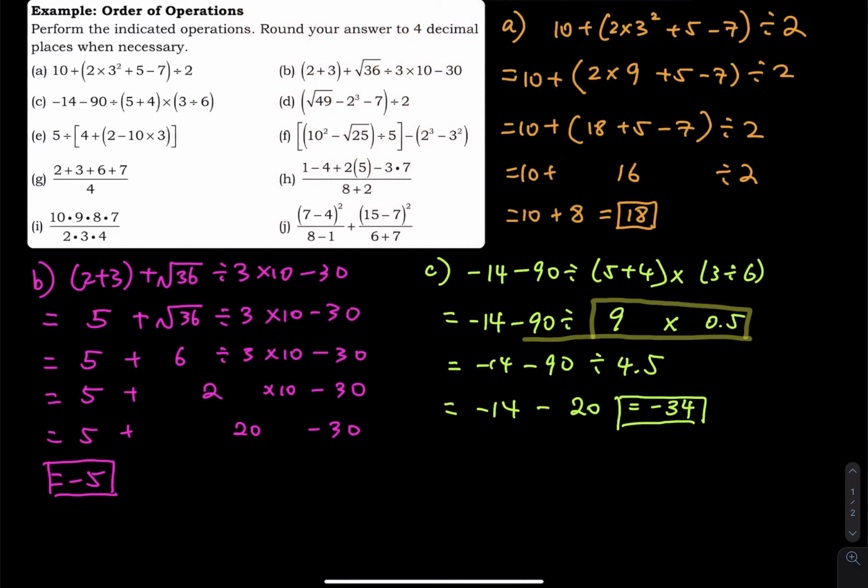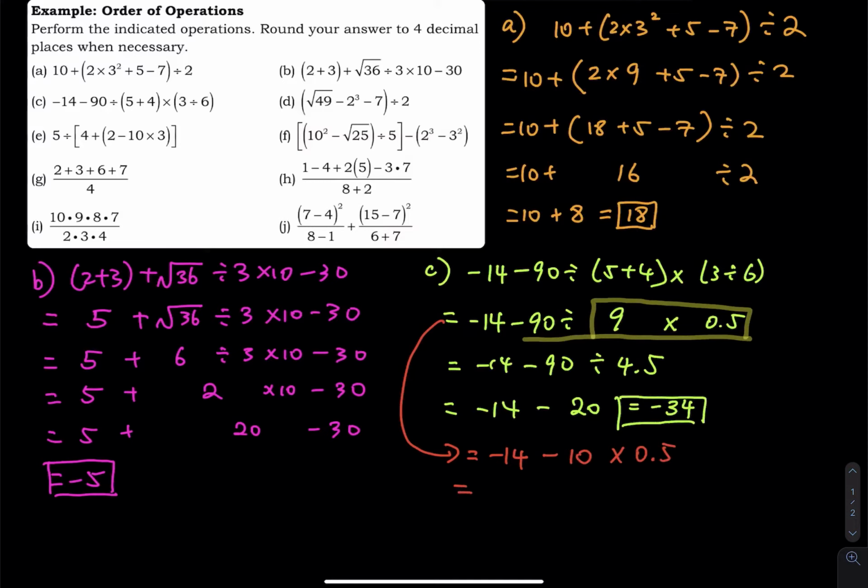So starting right here, we have negative 14 minus 90 divided by 9 is equals to 10. And then 10, you multiply 0.5.